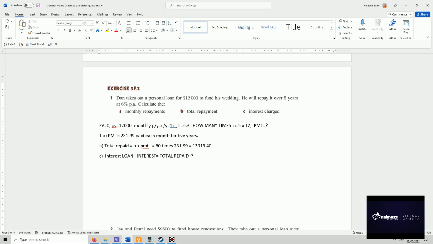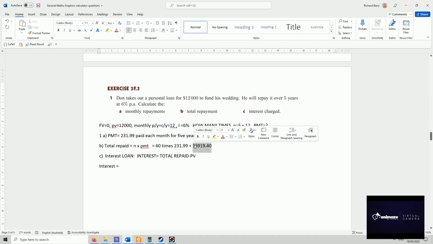PV in this case. So for this question, interest equals total repaid minus total borrowed.